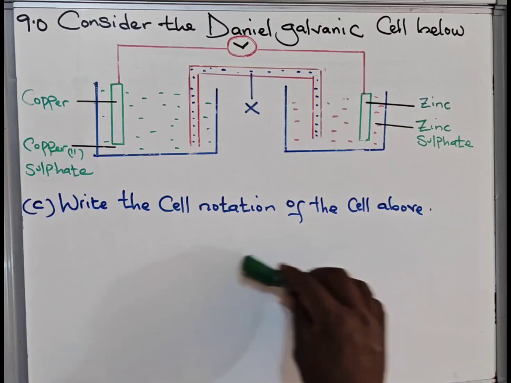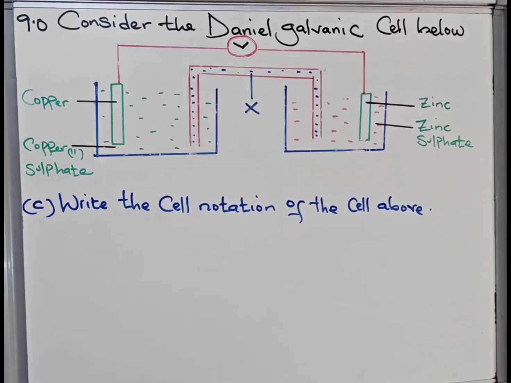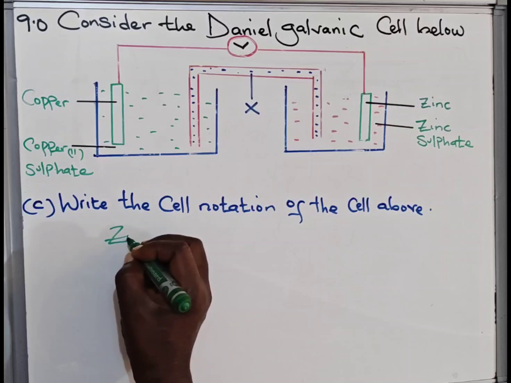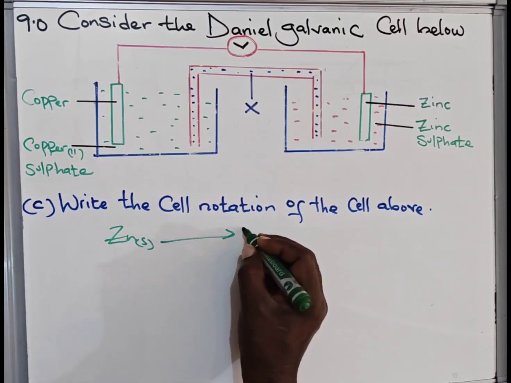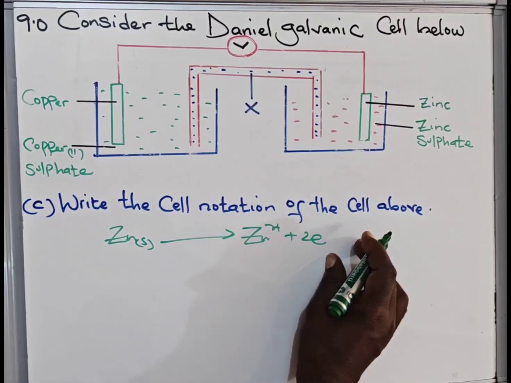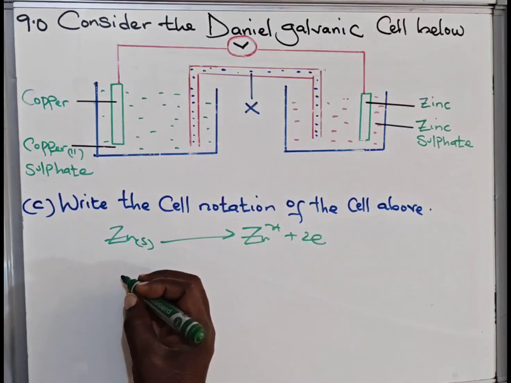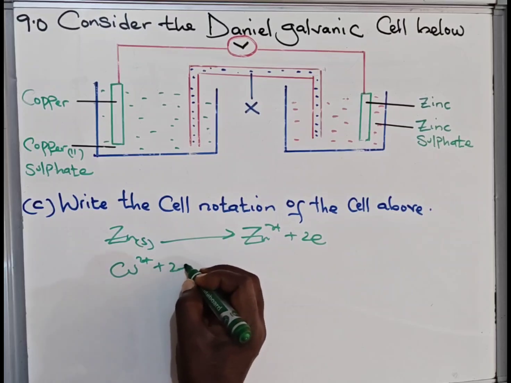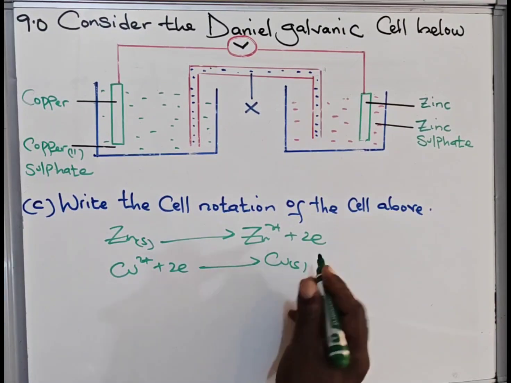In this case, we need to have the half cells. Zinc is the anode, and this is the reaction which took place at the zinc electrode: zinc was oxidized to zinc ions plus 2 electrons. Then the reaction at the copper electrode: copper 2 ions became reduced to give you copper solid.